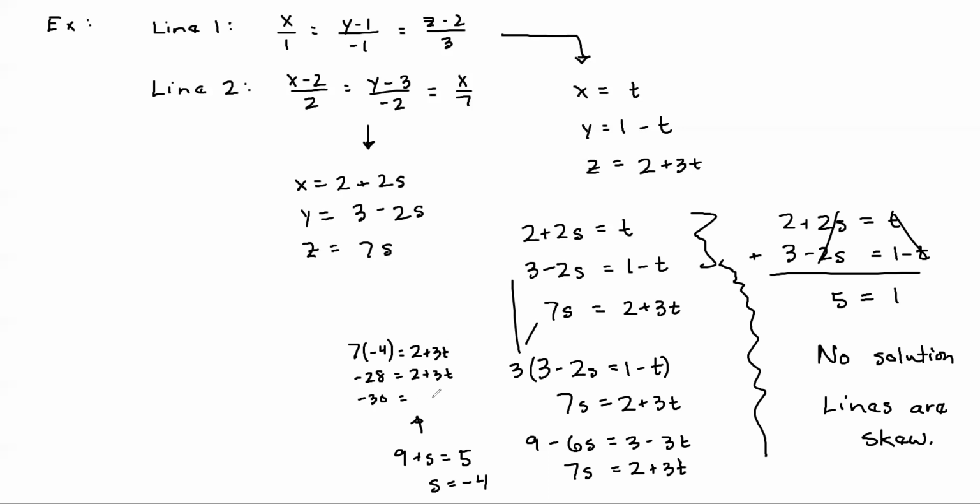Negative 30 equals 3t. And then t equals negative 10. So you'll notice we were successful in solving the system of the two equations that we chose, the bottom two equations. We successfully found a point that actually will work for both y and z.